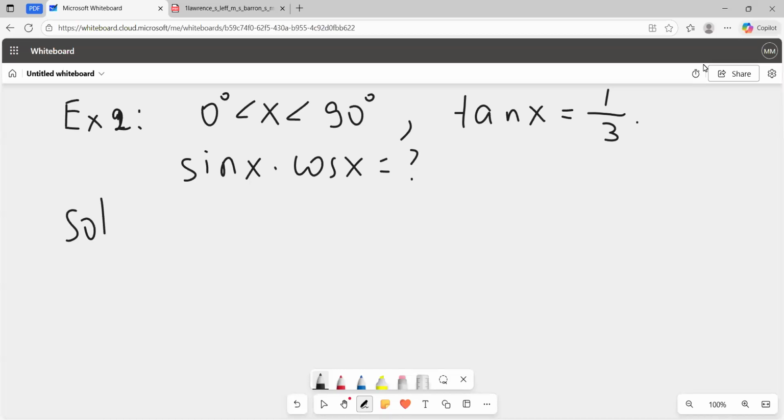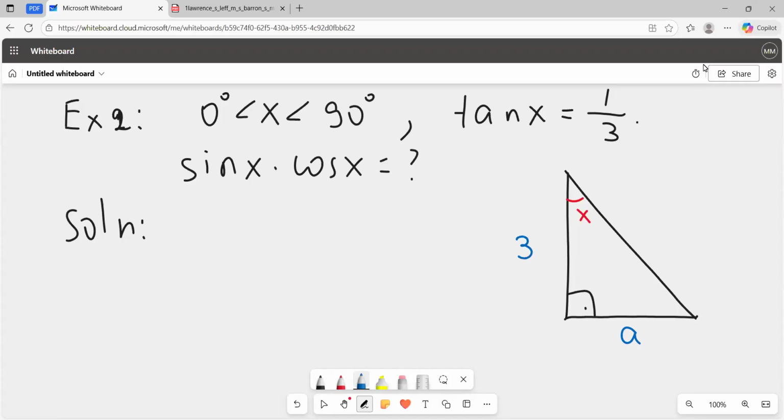In this case, the triangle is not given, but we can draw it. We draw a right triangle, and then we choose one of the acute angles as x. Since it's given that tangent of x is 1 divided by 3, it means that the opposite side can be a and the adjacent side can be 3a.